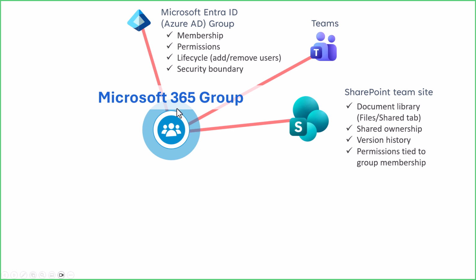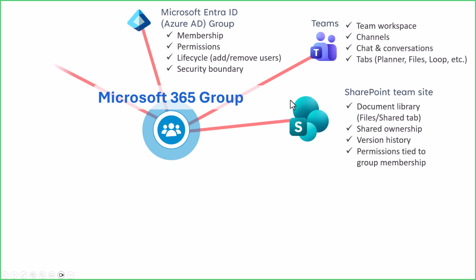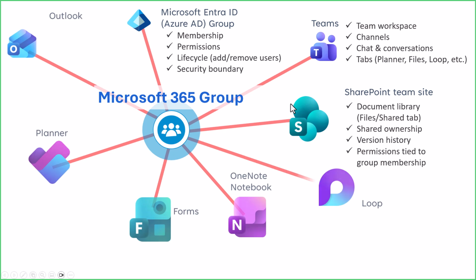But I'm going to back it up for a sec. If a group is created, then you have the option to create a team in Teams. But it automatically gets a SharePoint site. And if you want that team workspace with the channels and the chats and the tabs, go for it.